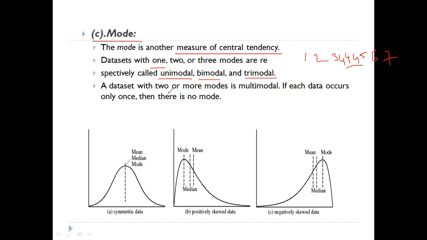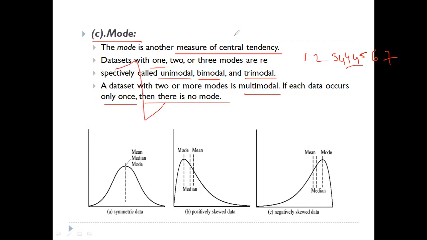So a data set with two or more modes is multimodal. You may consider 2 or more modes as multimodal. If each data point occurs only once, then there is no mode here.